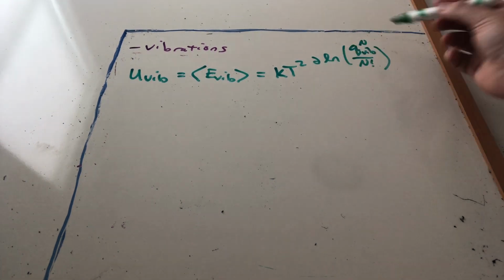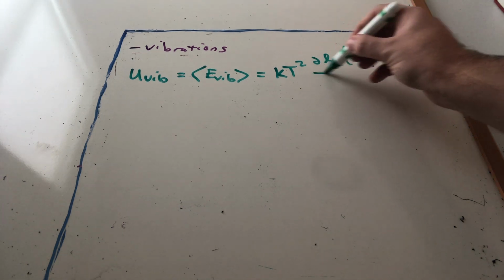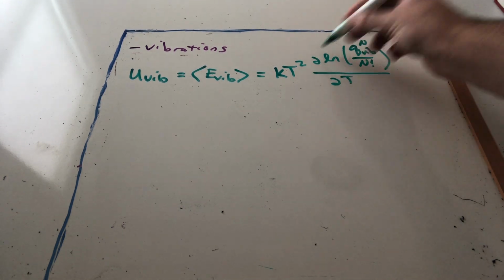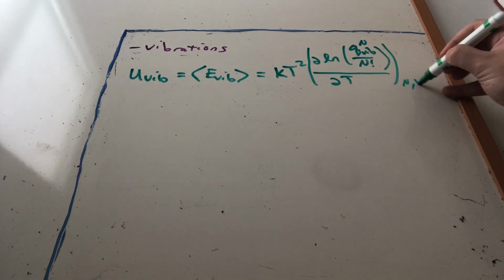So d natural log of q vibe to the n over n factorial, partial t, done at a constant n and v.